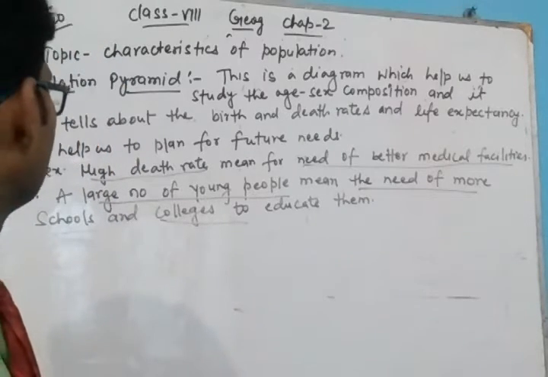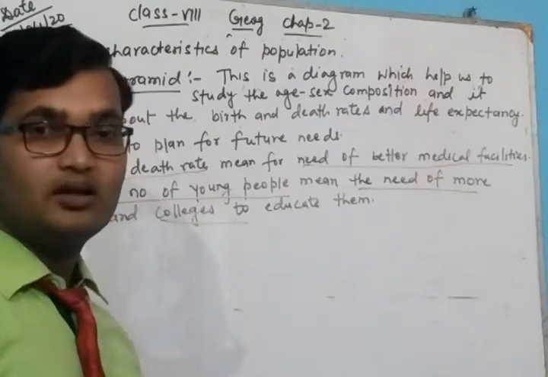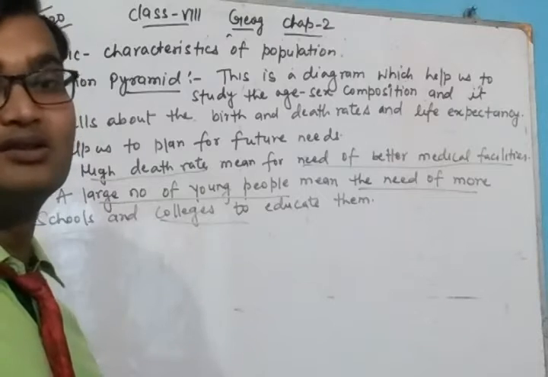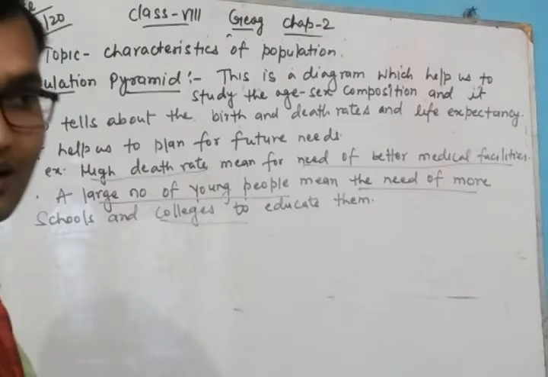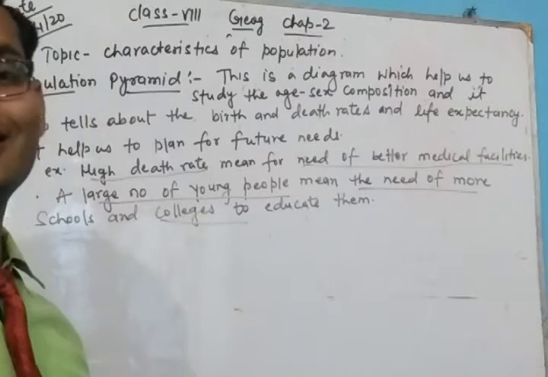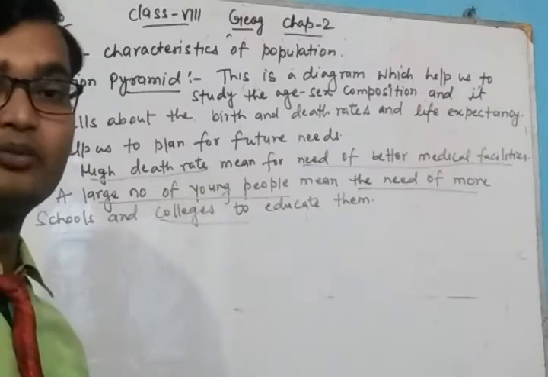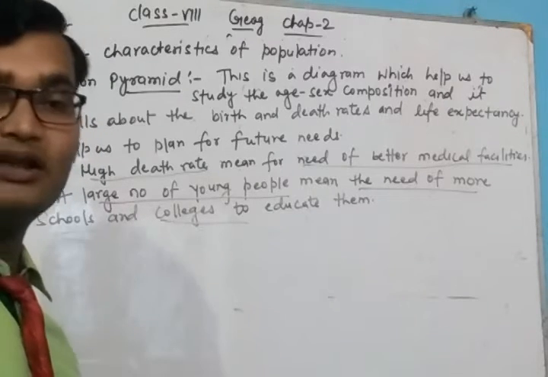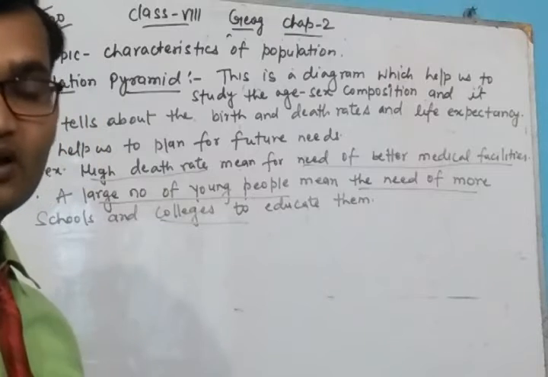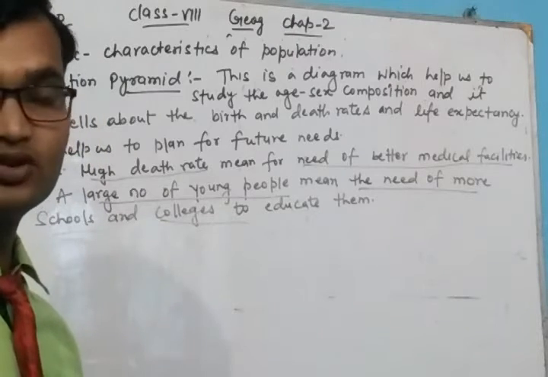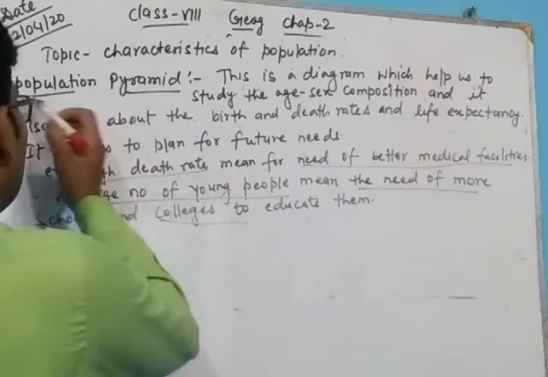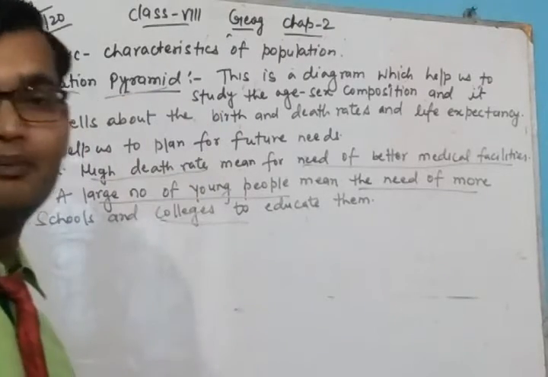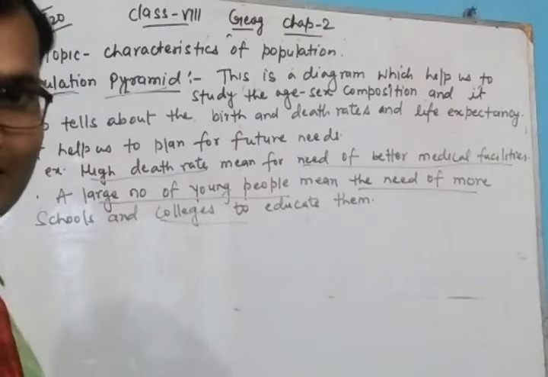We know young people are very essential for our countries, because they contribute to the development of the country and of economic activities. So the population pyramid helps us with all these things.